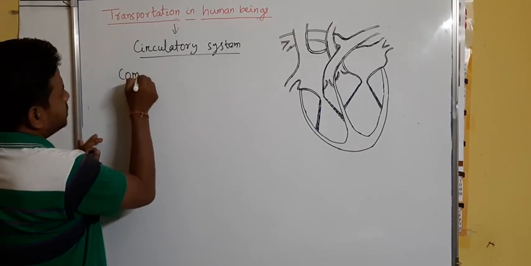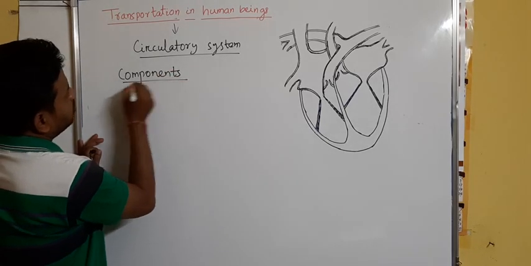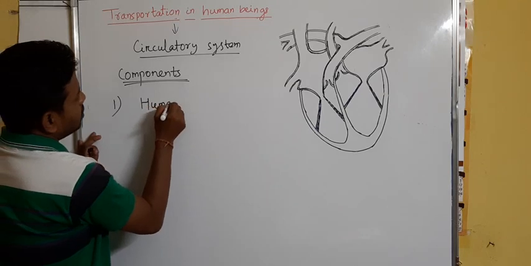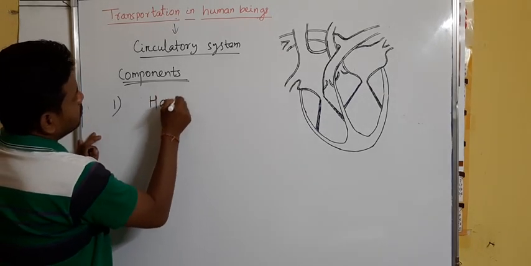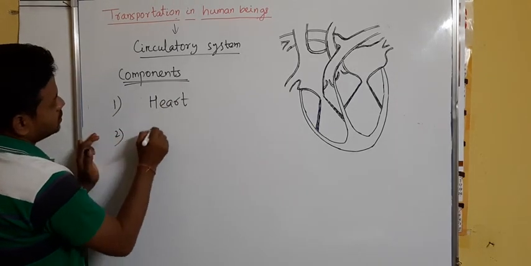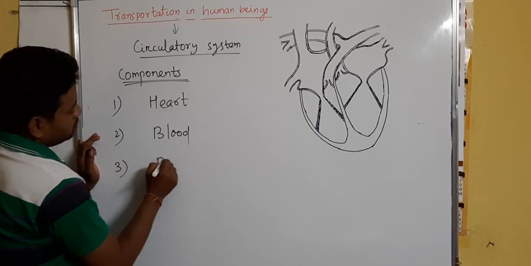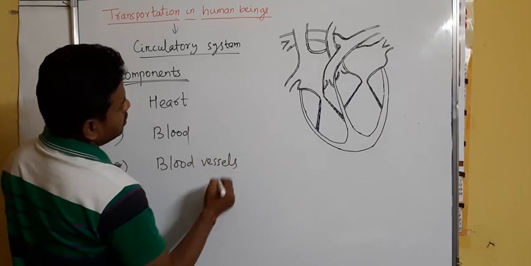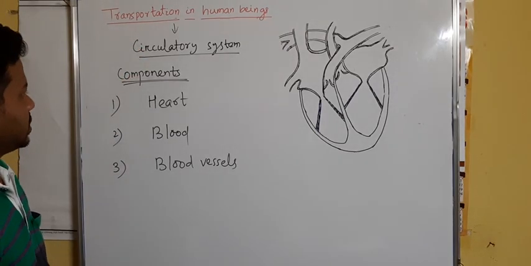What are the components? The first one is heart, second blood, the third one blood vessels. These are the three components of the circulatory system.